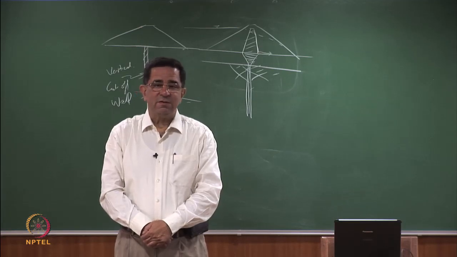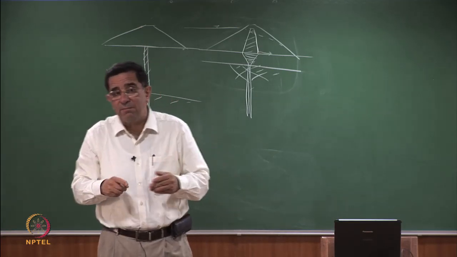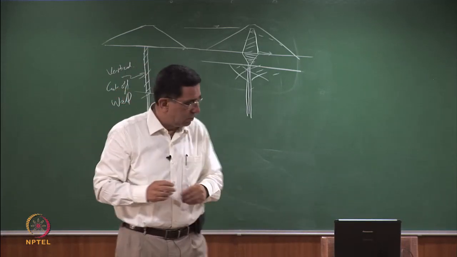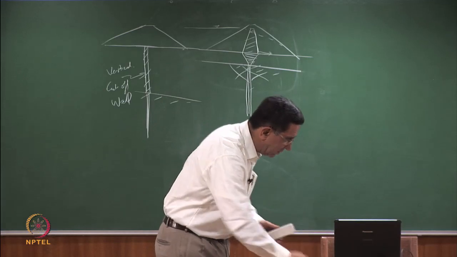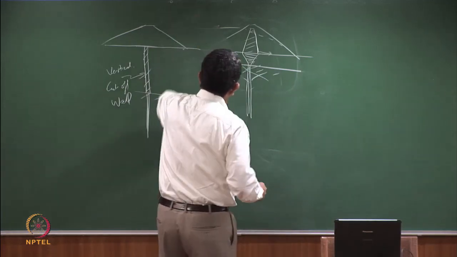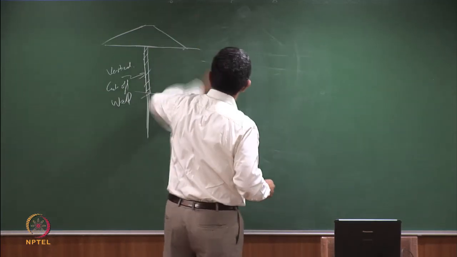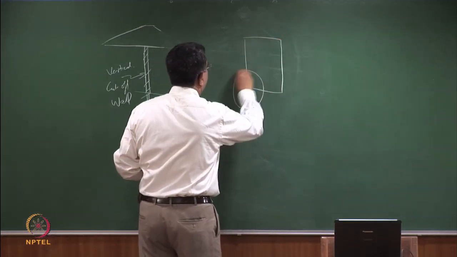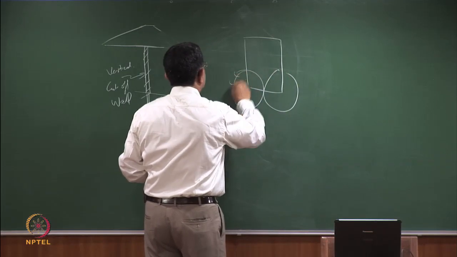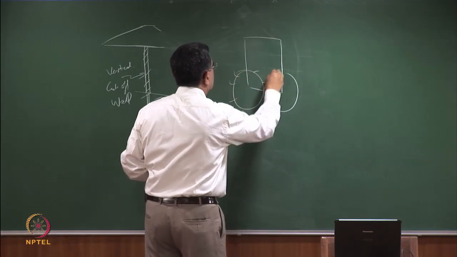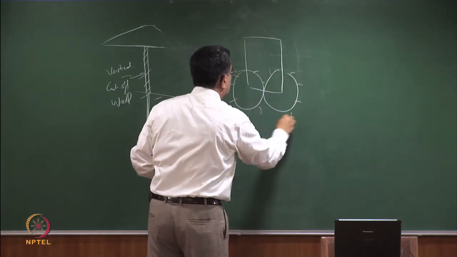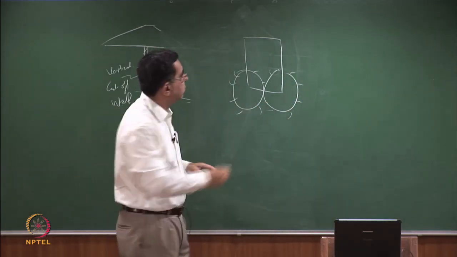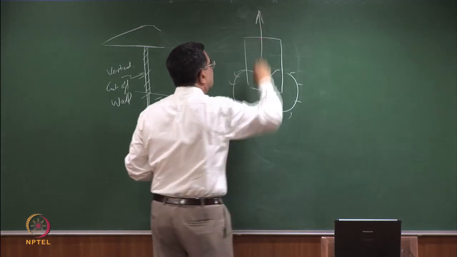We need trench cutters. We have to use the same equipment by which we make diaphragm walls. And if you remember, last time I had told you that trench cutters look like this. These are devices where these rotate and they cut a trench, and you are using reverse mud circulation.